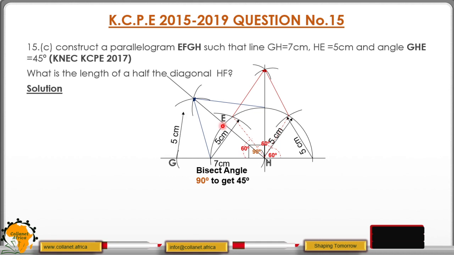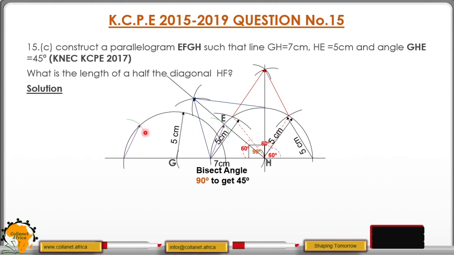Then from that point, we proceed to this other end because we are making a parallelogram. So in this case, you measure 5 and then 5 centimeters like this one, and then you put an arc there. Then this is good. You subtend at that end, okay, and then you come and stand at this point and you make an arc from this curve, okay. You stand here, then you come here, you stand there, then you draw a curve, the one that is indicated in green.